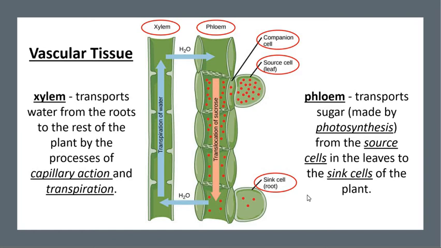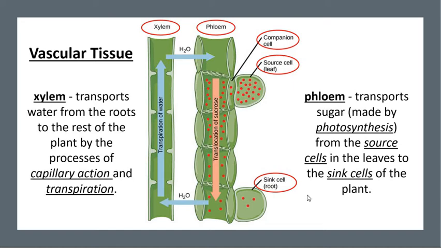Roots, they don't see a whole lot of sunlight usually. There's a few plants that have above ground roots, but generally roots, they're in the dark most of the time. So they're not doing photosynthesis, but they still need to have the substance to survive.